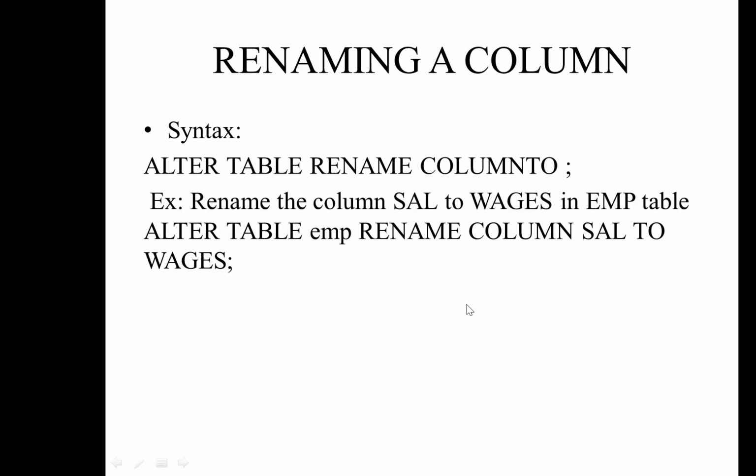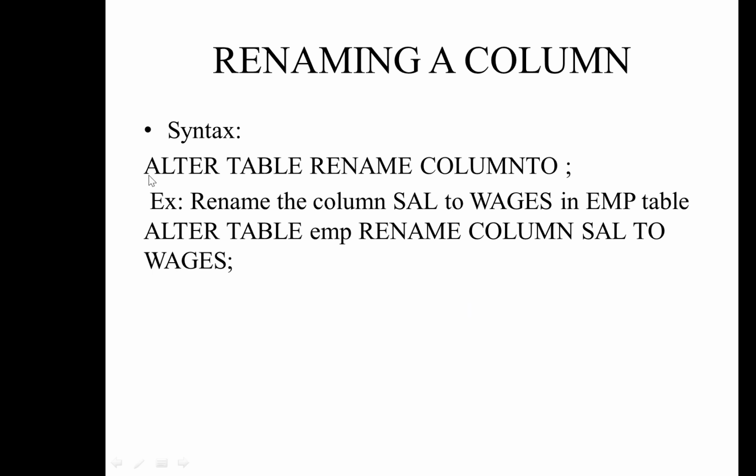The next one is renaming a column. We have already created a table, but if you want to rename a name, whatever the new name we have to give, we can rename it with the new name.